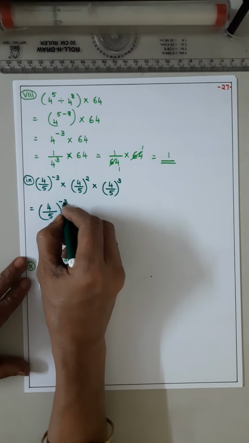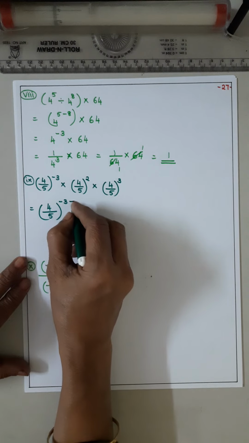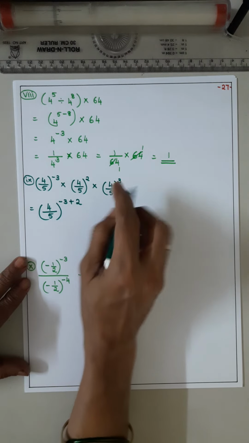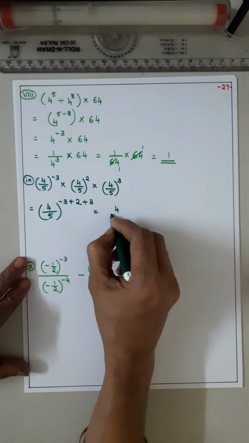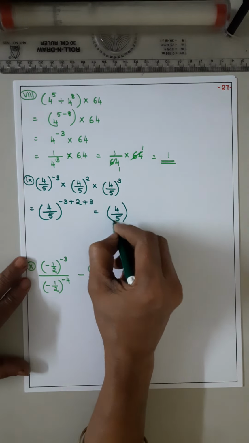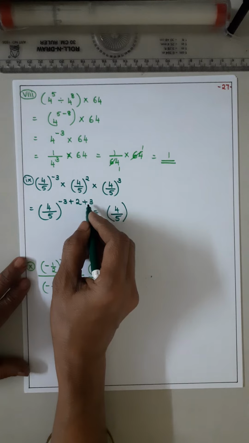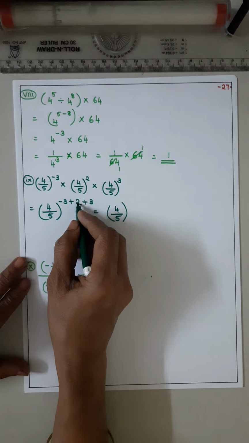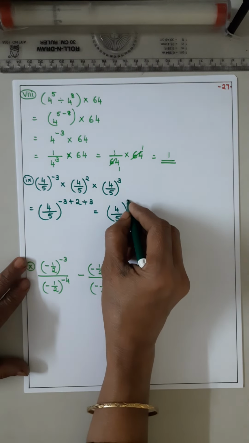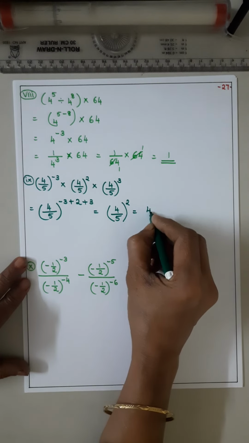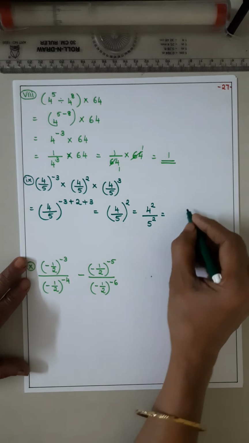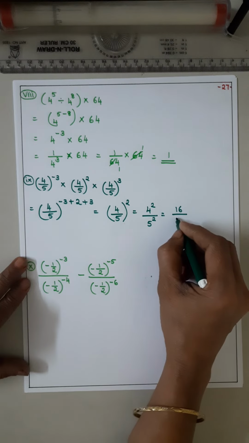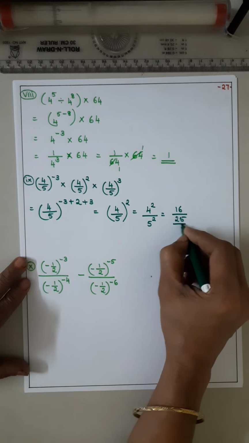So first is -3 plus 2 plus 3. 4/5 the whole raised to plus 3 minus 3 0, जो बचा है 2. That means 4 squared upon 5 squared. 4 4s are 16, 5 5s are 25.